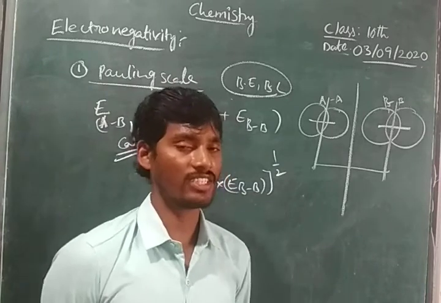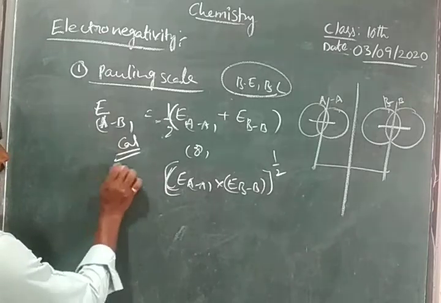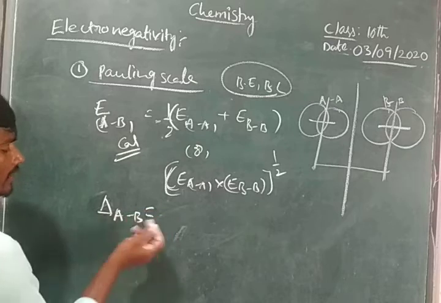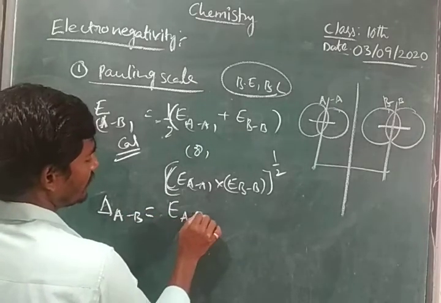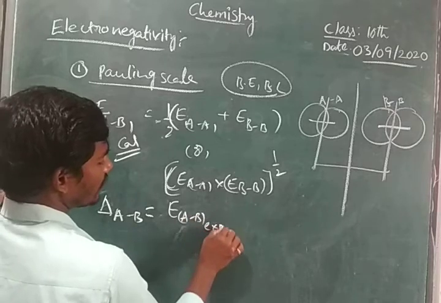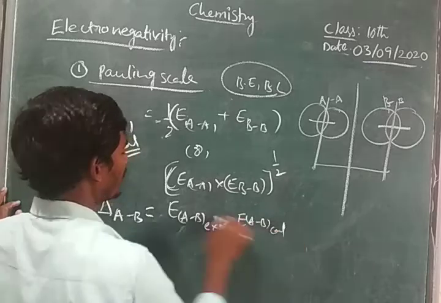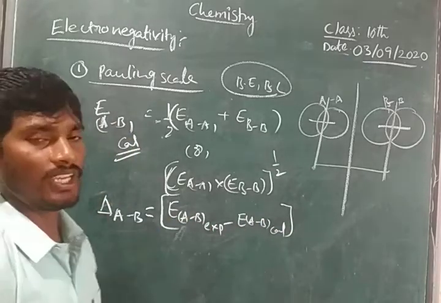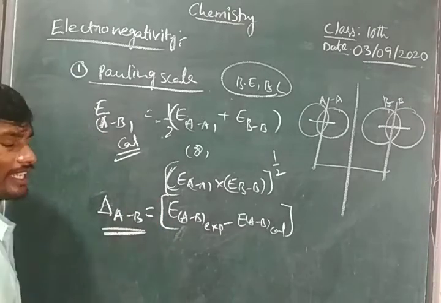That's why the energy between atom A and atom B equals EAB experimental value minus EAB calculated value. This difference we consider as delta AB.